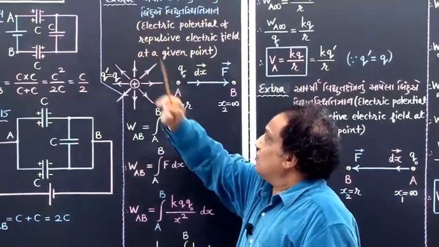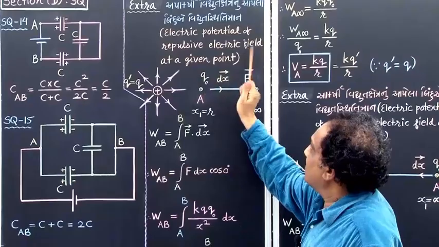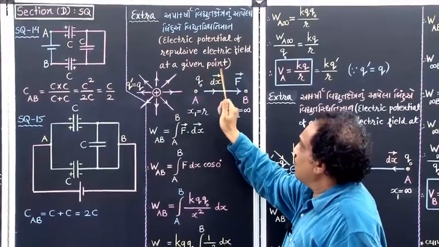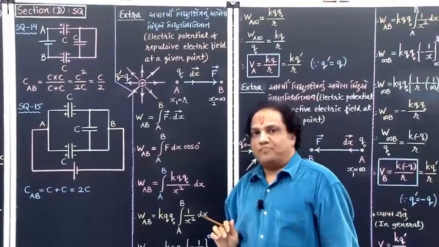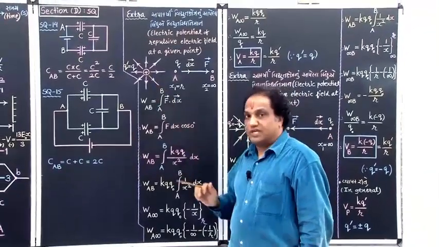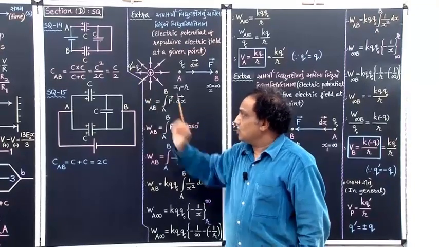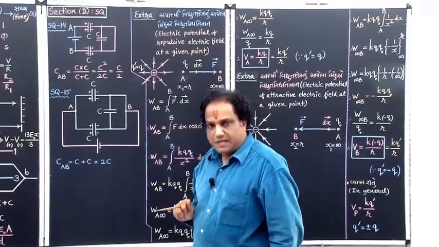Let us see first of all the electric potential of a repulsive electric field at a given point. Consider this positive stationary point charge, say q' equals q.